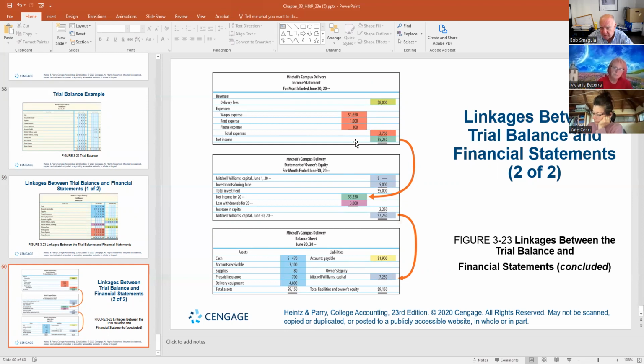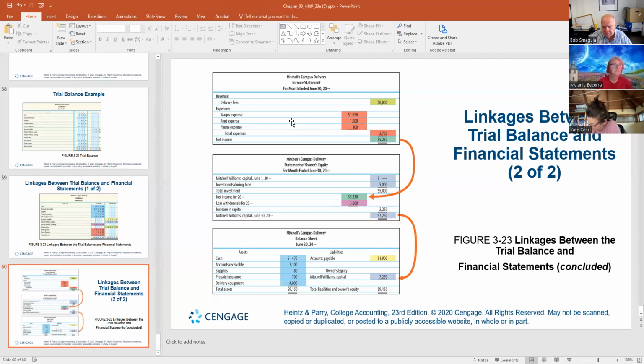Keep in mind that you have to do the financial statements in this order. They have to be done income statement first, then the equity statement, statement of owner's equity, then the balance sheet, and then maybe cash flow statement. So the reason we do the income statement is we have to flow it into the owner's equity statement.